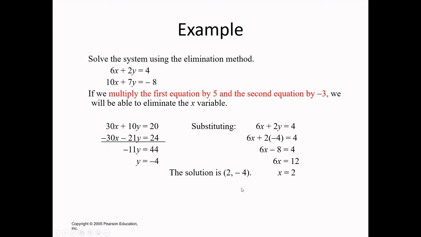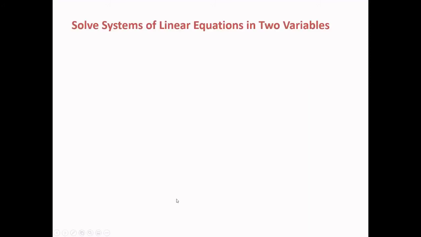Now, if you've got x's and y's in a problem, assume that they want you to make it a point and give your solution in point form. Now, if you had an a and a b, you would just say a equals 2, b equals -4. Okay, more solving them.